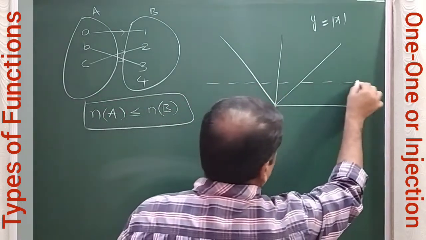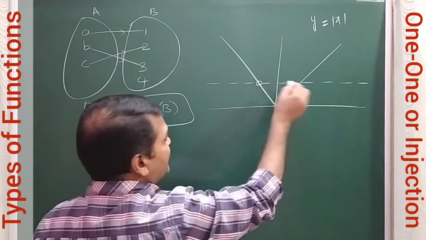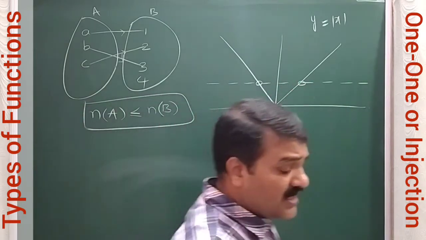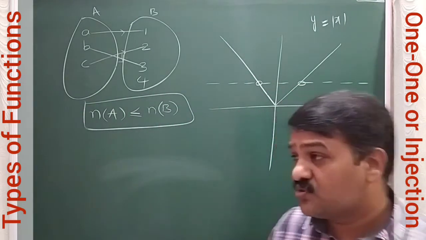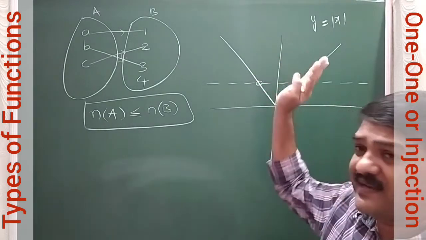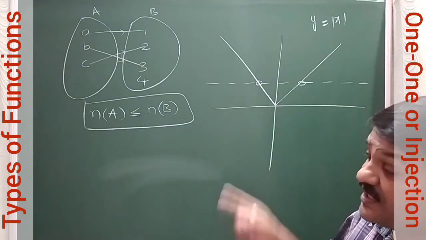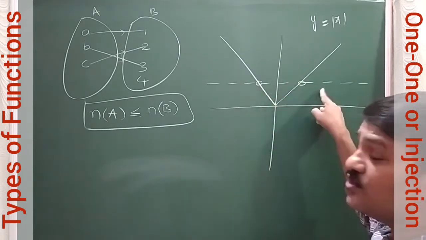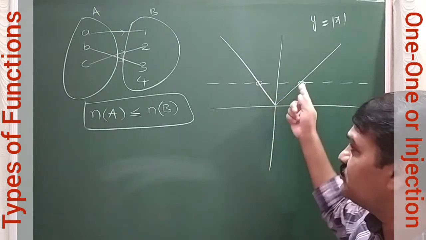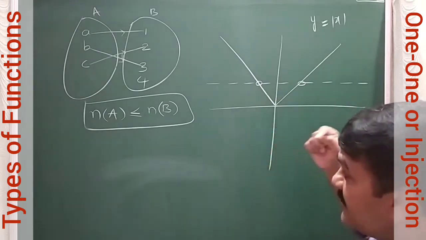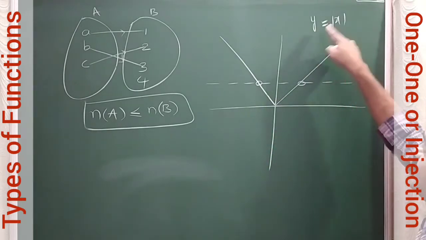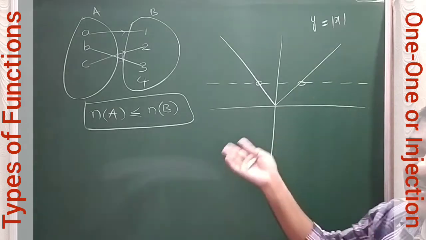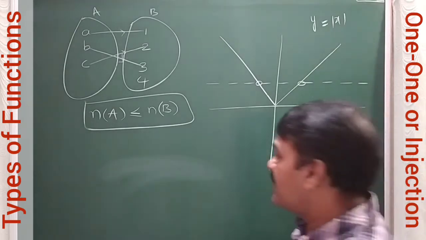See, this horizontal line is cutting twice. You can draw the horizontal line anywhere, that is your wish. Any horizontal line must not cut more than once. It is cutting twice, no? So therefore the graph which I have taken here, y = |x|, is definitely not a 1-1 function.